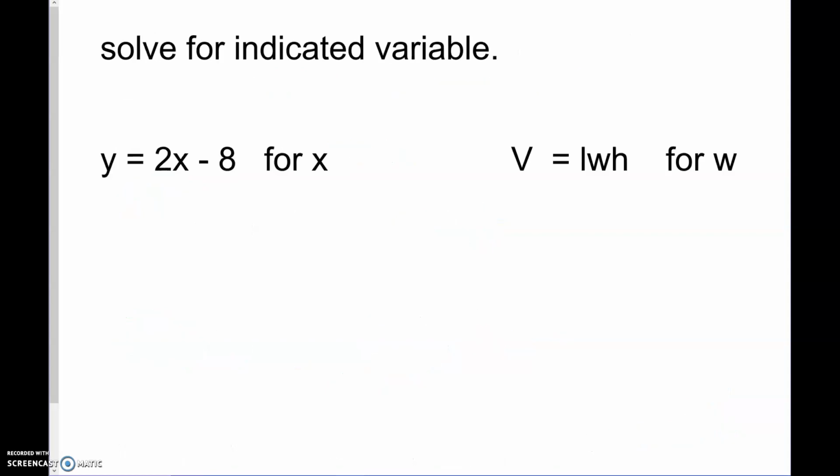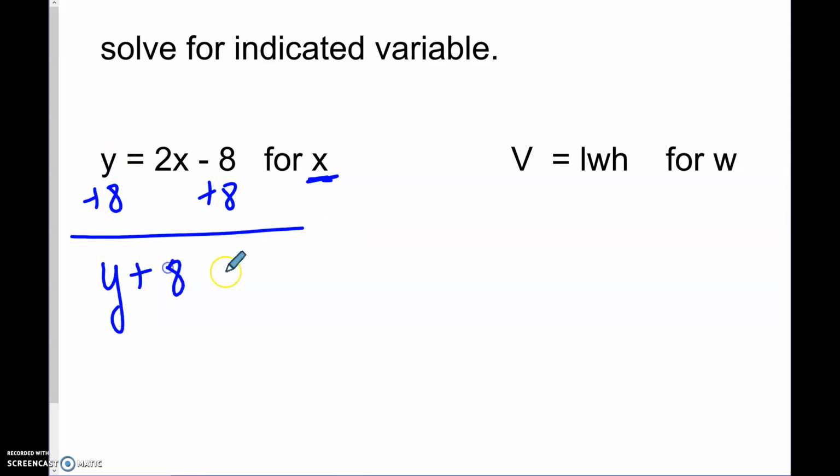All right, solving for the indicated variable. They want us to get x by itself. To get x by itself, we're going to add 8. Add 8. And here's the tricky part. Y plus 8. We cannot combine them, so we just have to write y plus 8 equals 2x. Now, how do we get that 2 away from the x?